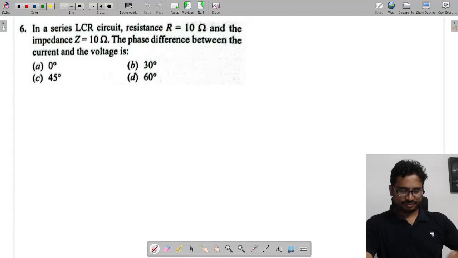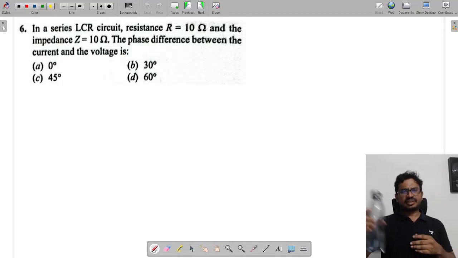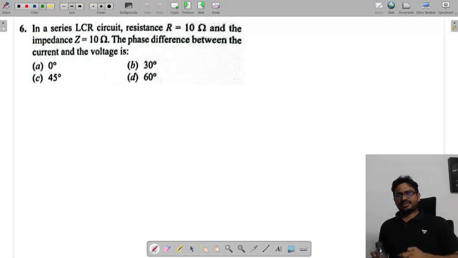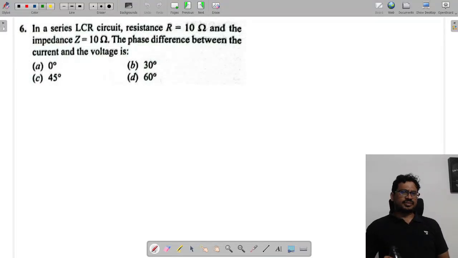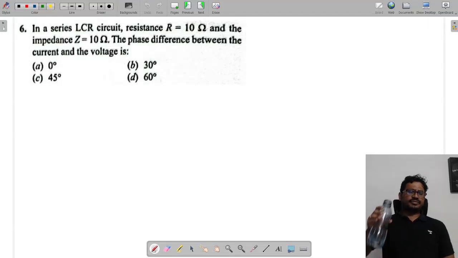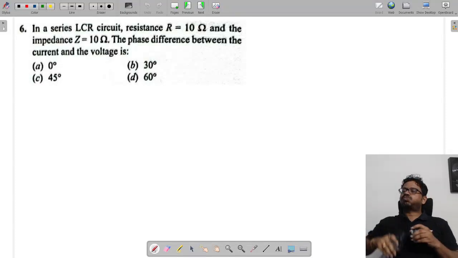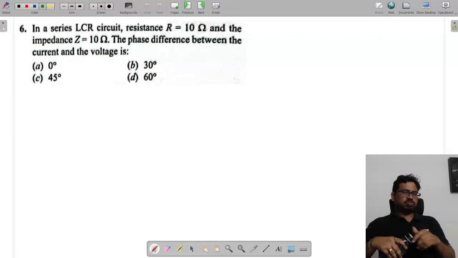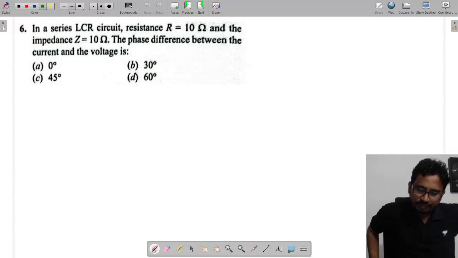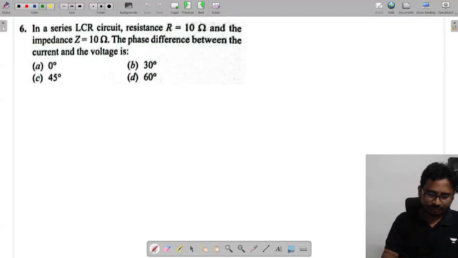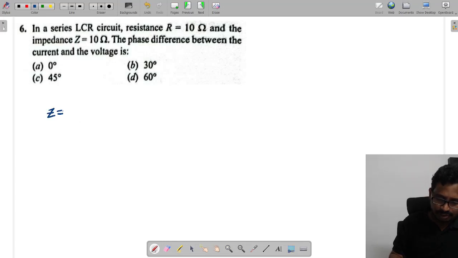Next one. In a series LCR circuit, the resistance is given as 10 and the impedance is 10. Find the phase difference between the current and voltage. Z is equal to square root of R square plus XL minus XC whole square.